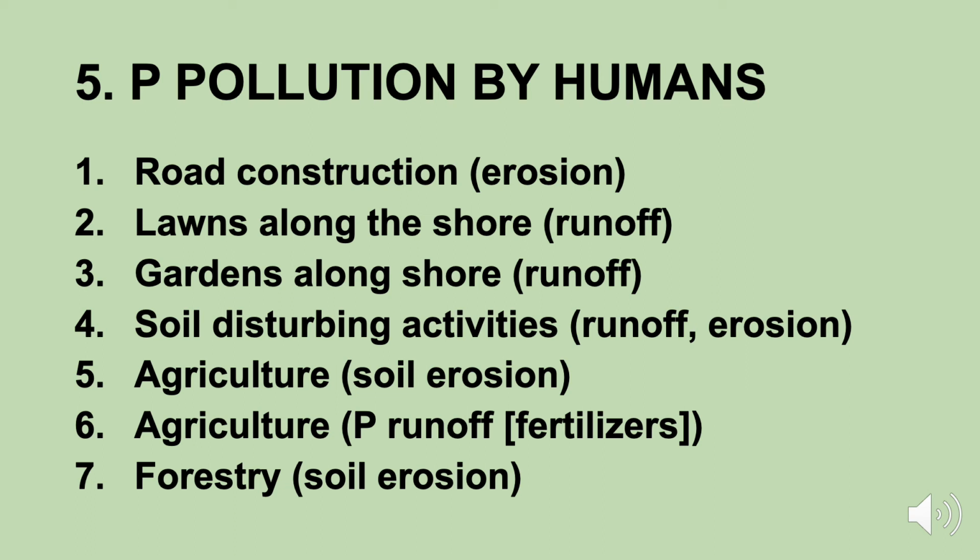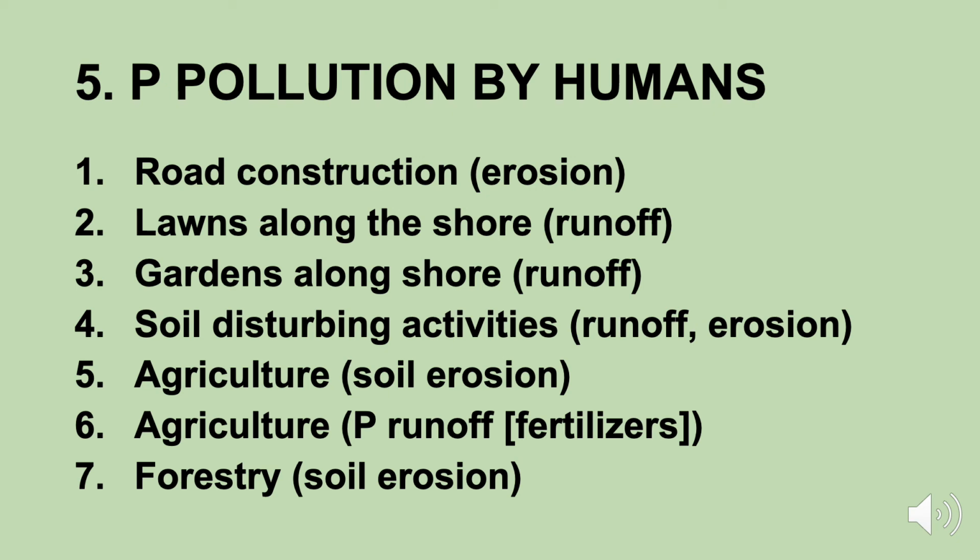Anytime you have agricultural practices that removes plants from the surface of the soil and you expose bare soils, particularly in the winter, you get erosion, phosphorus runs off. You apply fertilizers to agricultural land. If that phosphorus is not applied correctly and at the right rate, if you apply too much, that phosphorus can run off the land and into the lake, adding P.